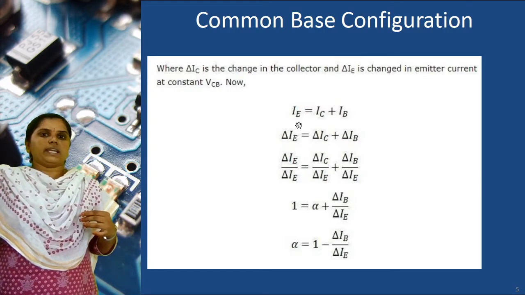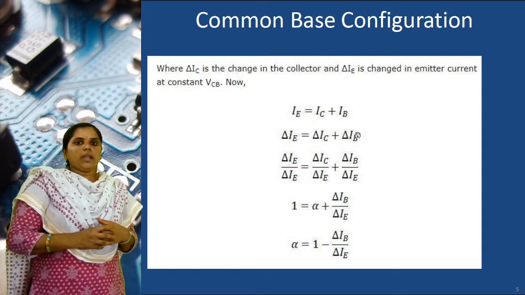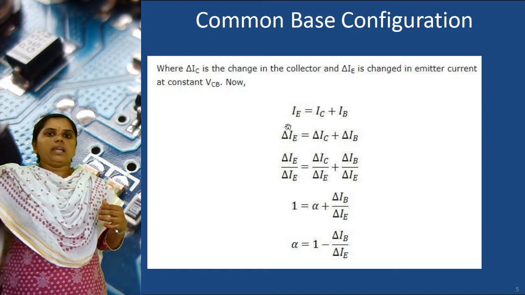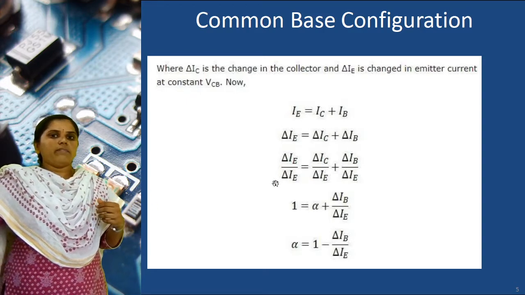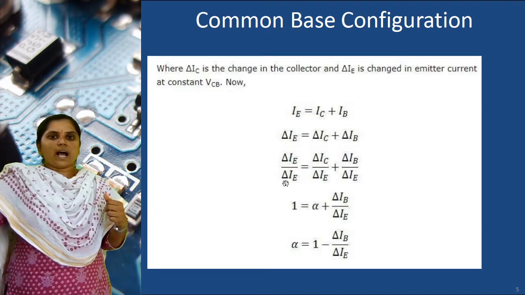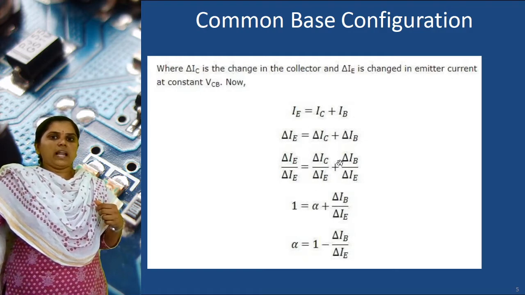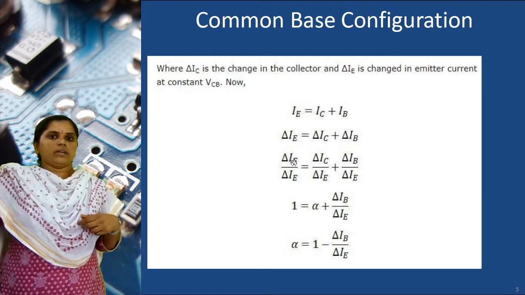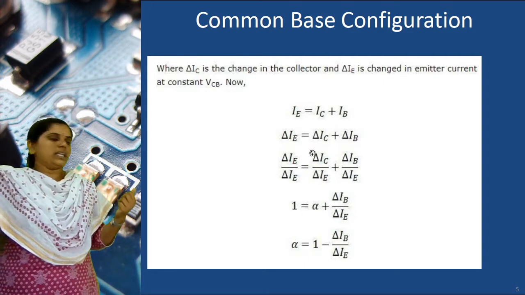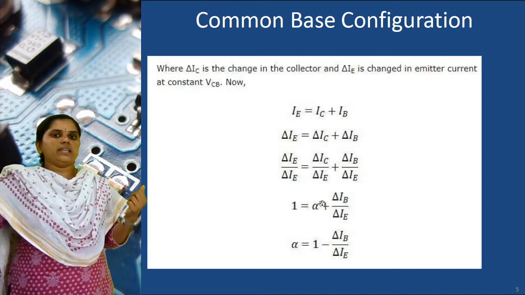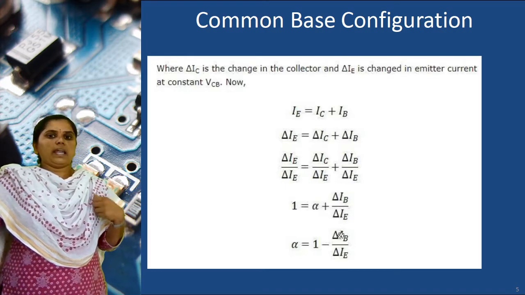Applying change, delta IE is equal to delta IC plus delta IB. Dividing both sides by delta IE, delta IE by delta IE is equal to delta IC by delta IE plus delta IB by delta IE. So 1 is equal to delta IC by delta IE, the change in output current to the change in input current, which is alpha, plus delta IB by delta IE.